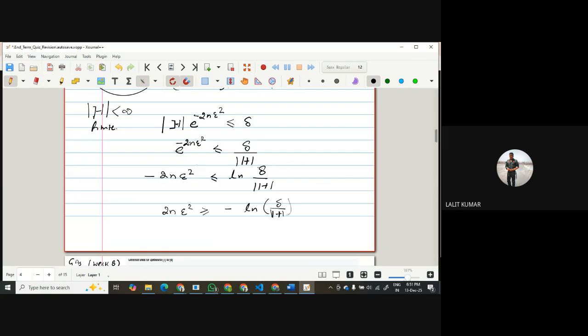This I can write as greater than or equal to ln h over delta, and n will become 1 over 2 epsilon square. So this is the final formula which we should remember. This is very, very important: for a given epsilon and given delta, for a finite hypothesis class, if I select n number of training data points more than this, then my probability will come in that bound.